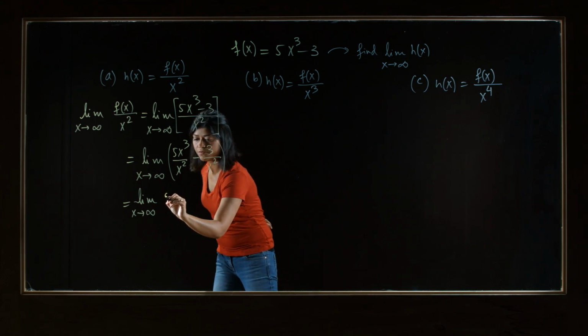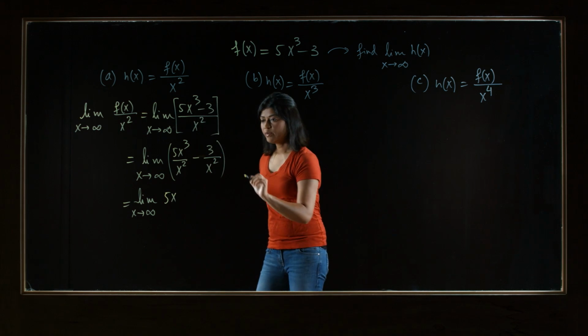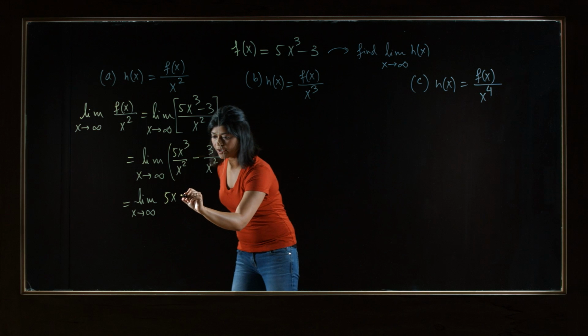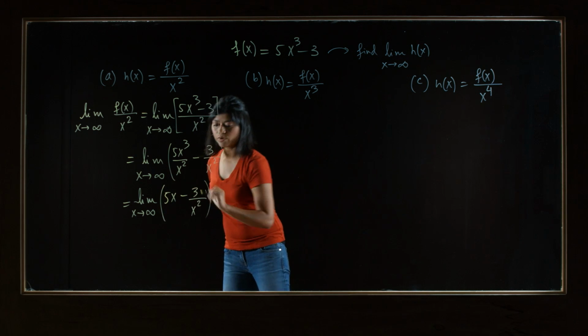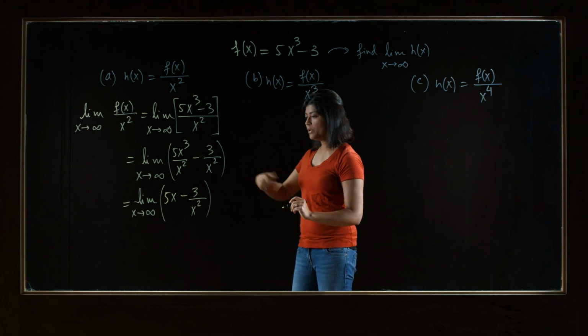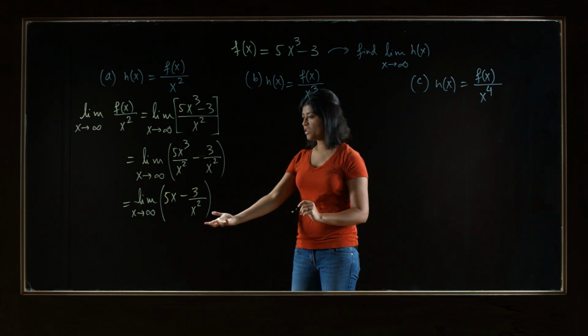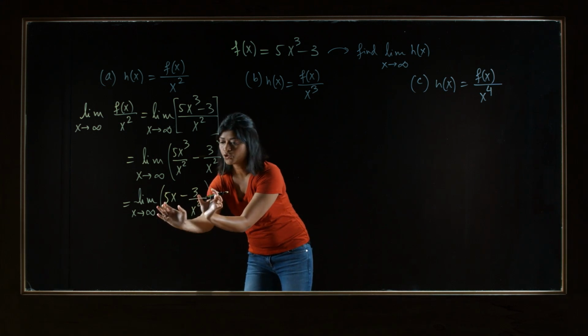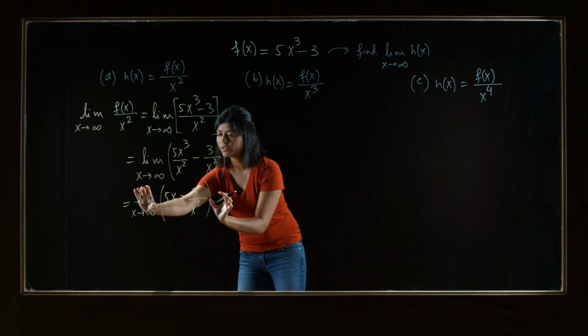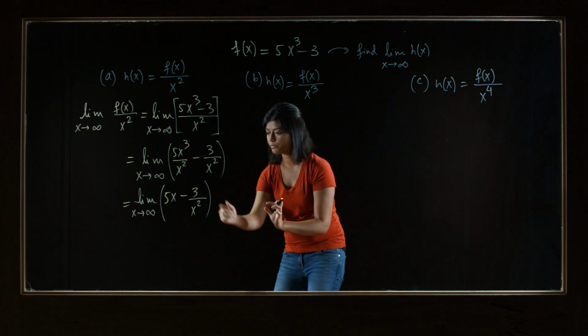So this is just 5x. But the second expression, there is nothing to simplify, so you just leave it as 3 over x squared. And now we have to evaluate the limit. So you can again think of this as the sum of two different functions and you are going to evaluate the limit of each one separately.